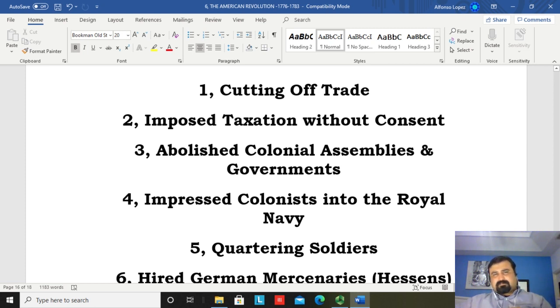That is to say, imposing taxation without representation, without the consent of the governed. Again, the idea that people need to consent, need to take a vote, need to voice their opinion, need to validate taxes. There's no real representation. We're not taking a vote. We don't have a say, in other words, in those laws.